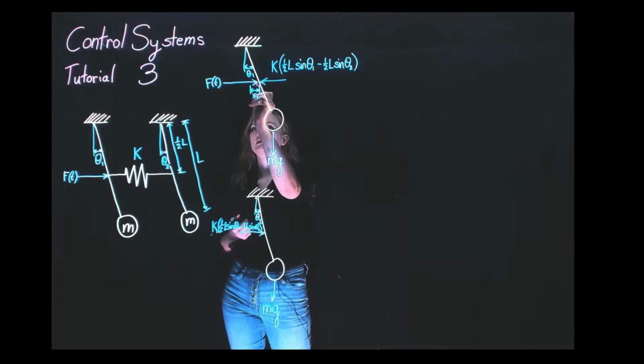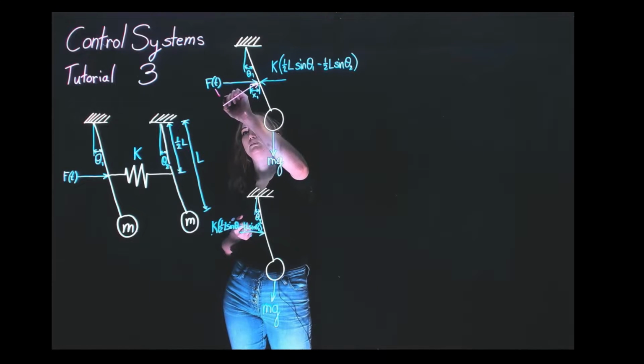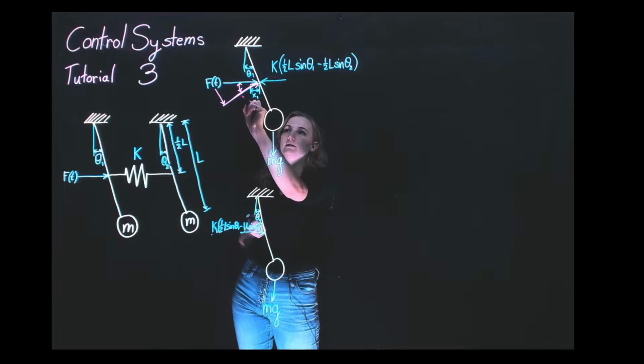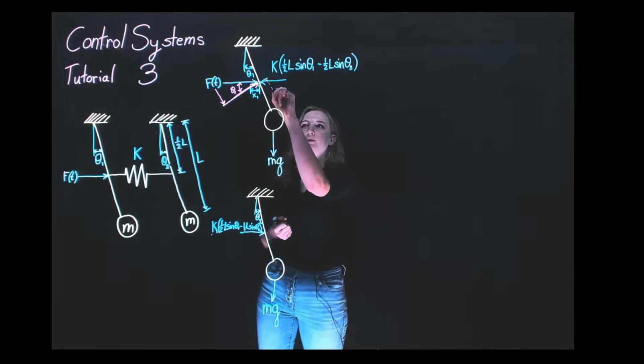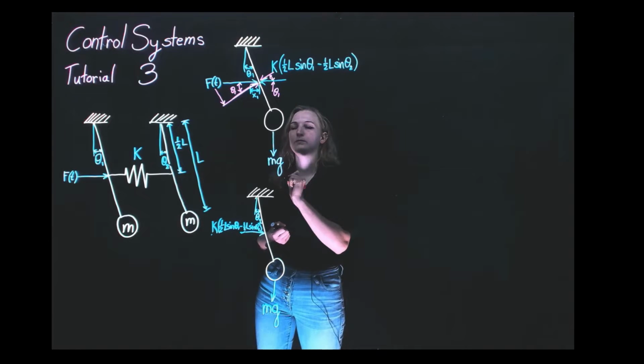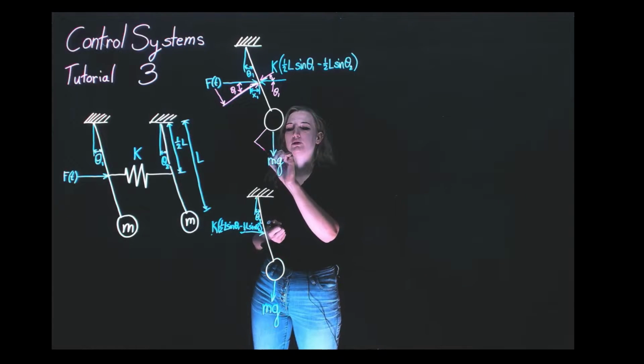So for our input force F of t, that's going to be just this component down here. And we know from similar triangles that this angle is going to be theta 1. And we have the same thing up here, where our angle is theta 1. And we also need to do it for our force of gravity.